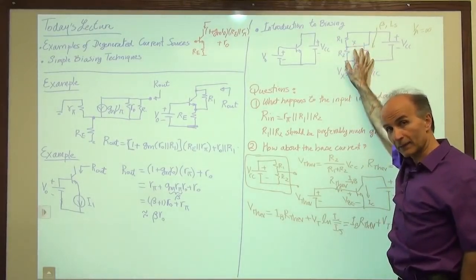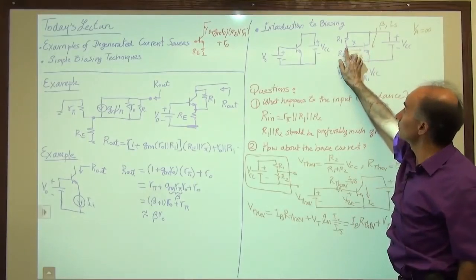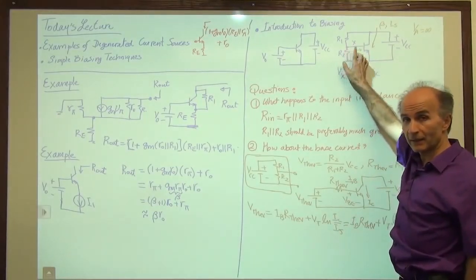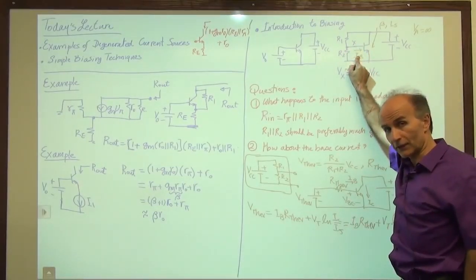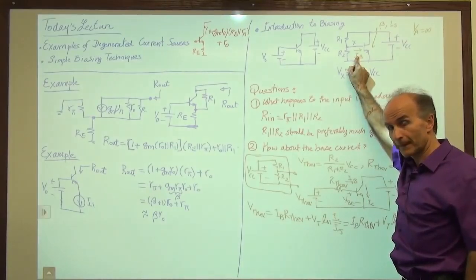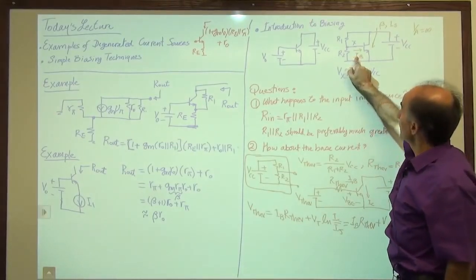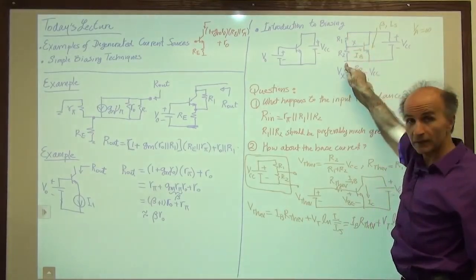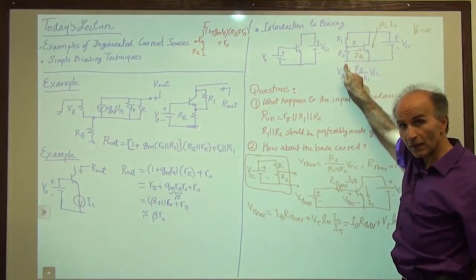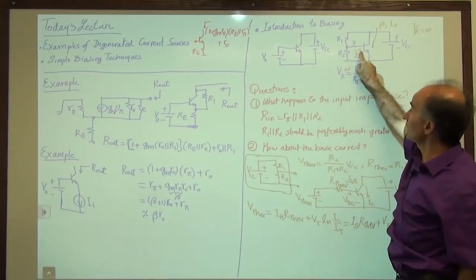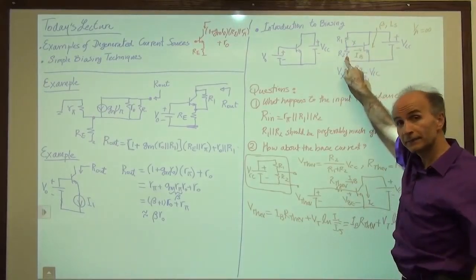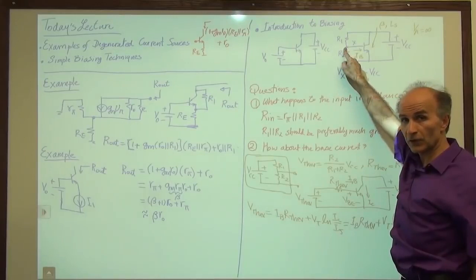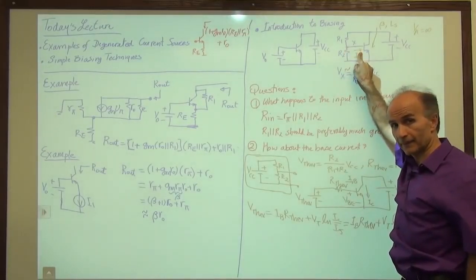So how do we do that? If I want this voltage to be relatively insensitive to variations in this current. Well, if we choose the current that flows through this branch so large that even after we draw this current, this branch doesn't feel it, then this voltage is not very sensitive to IB.